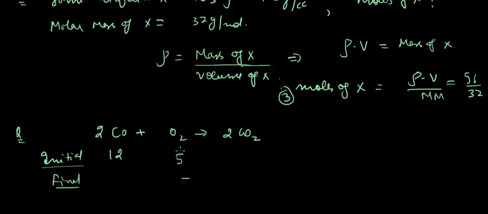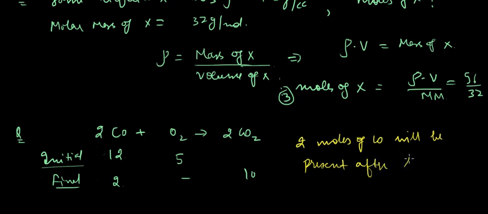In the final phase, complete oxygen would be utilized in the reaction and 10 moles of CO2 would be present, but 2 moles of CO would also be present because 2 moles of CO are in excess. For consuming 5 moles of oxygen we only require 10 moles of carbon monoxide. So in the final state we will have 2 moles of carbon monoxide present in the mixture after the reaction.